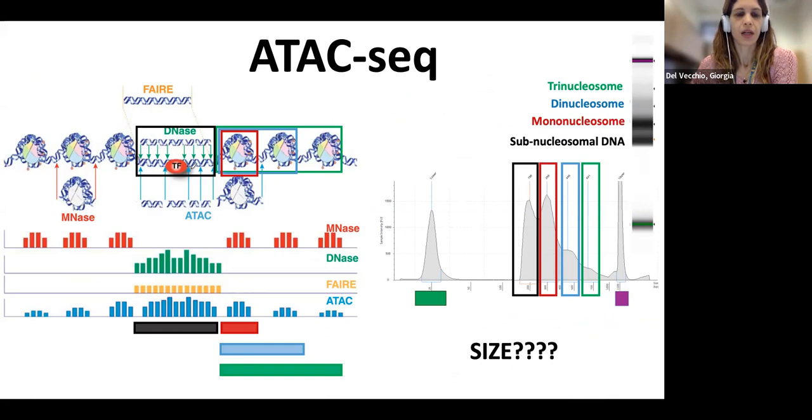Here we have no protein, so the chromatin is available and the enzyme can cut everywhere here, and then it can cut in between the nucleosomes here, okay?